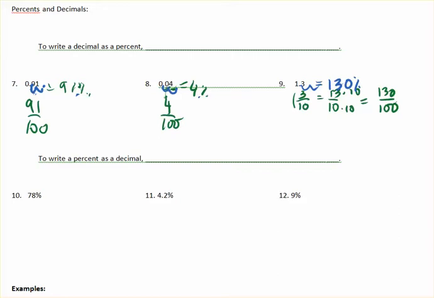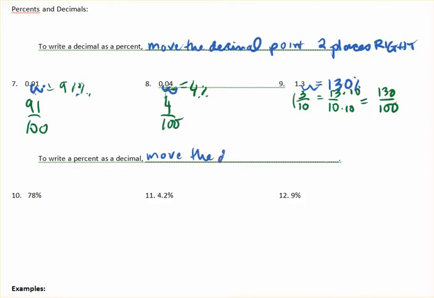To write a decimal as a percent, we move the decimal point 2 places to the right. So that should mean to go back from a percent to a decimal, we should do the reverse. Move the decimal point 2 places left.